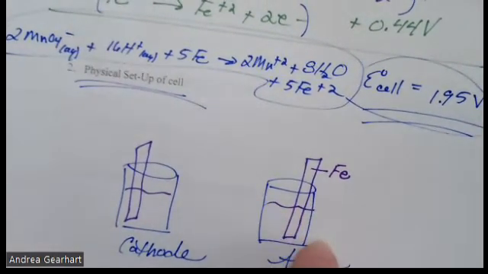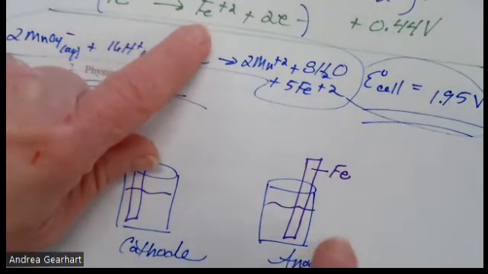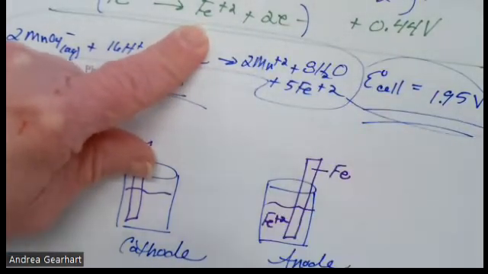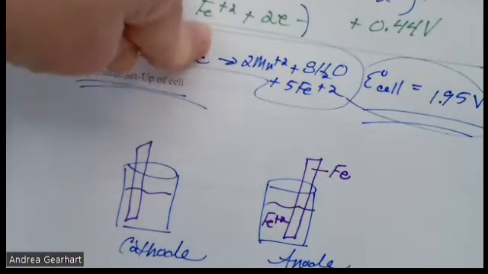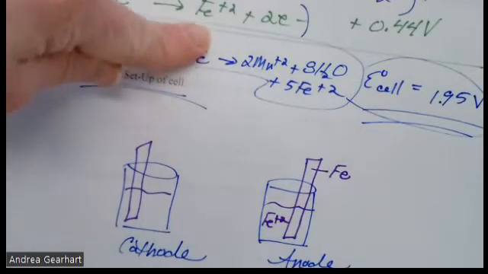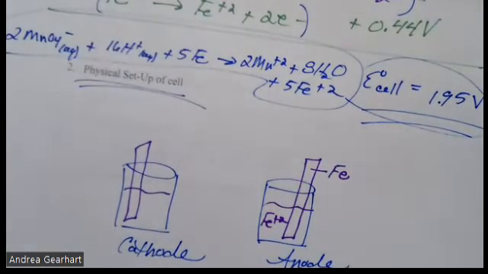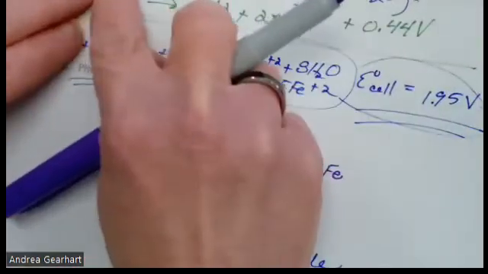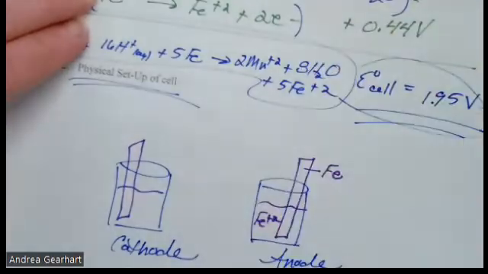Now we know water's here. We know spectator ions are going to be there, but we don't write them. The only other species that we'll have in the anode will be the iron +2. Okay, now we go to the cathode. And that is our reduction. So we go up and we look at all of our reactants and products.